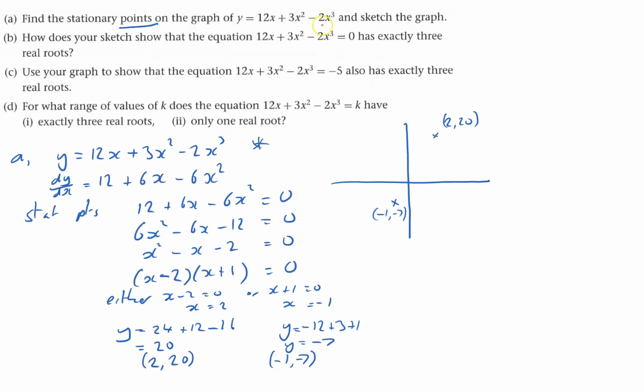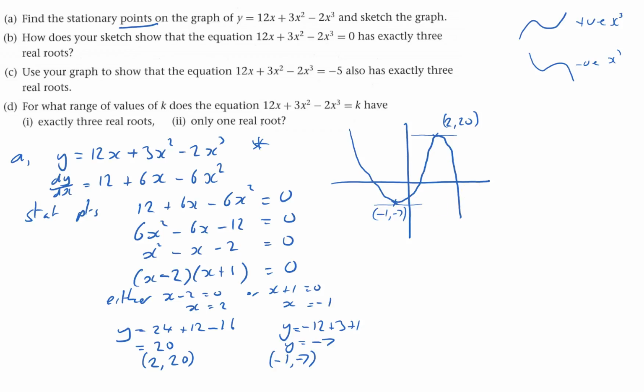And we've got a negative x cubed, which is the opposite of a positive x cubed, so it's going to have to start up here, be horizontal there, like so, because those are the two places where the gradient is 0.